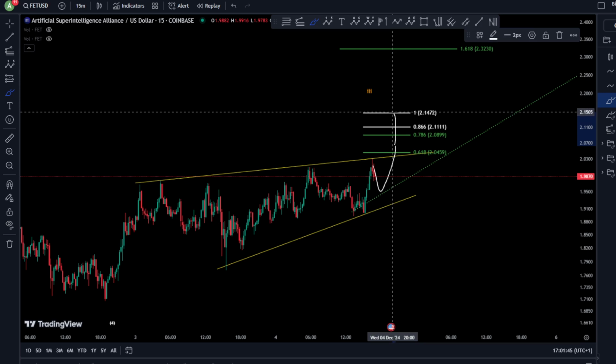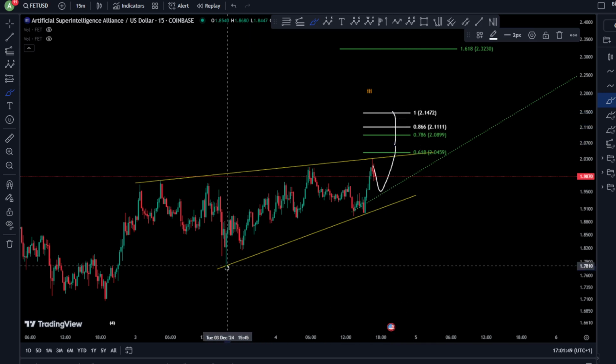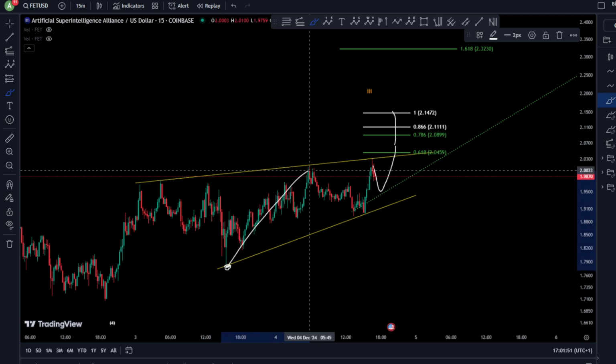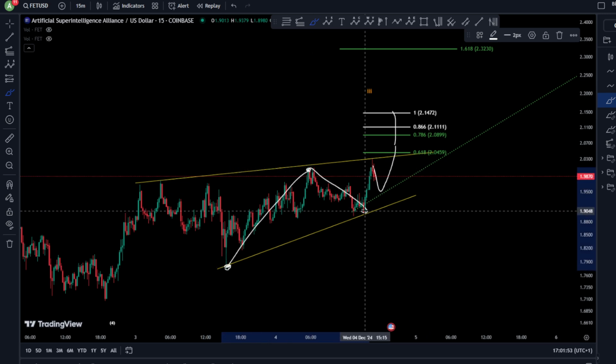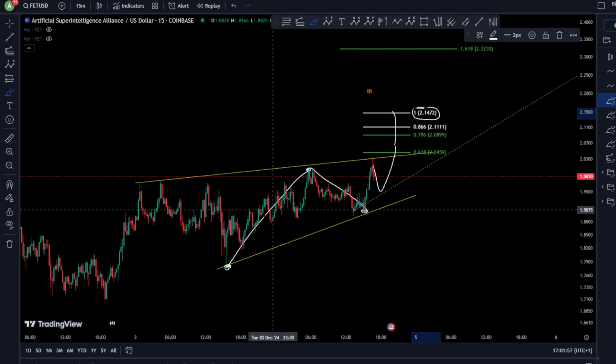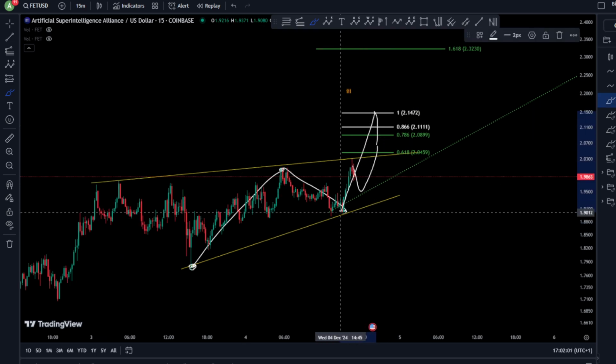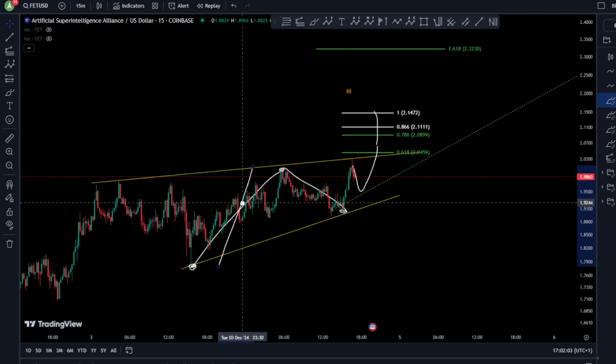If you get higher prices from here, and you start to move higher and higher, once you reach the 1-to-1 fib level taken from the wave 3 of your diagonal, and based on your wave 4, this leg will become longer than your wave 3.